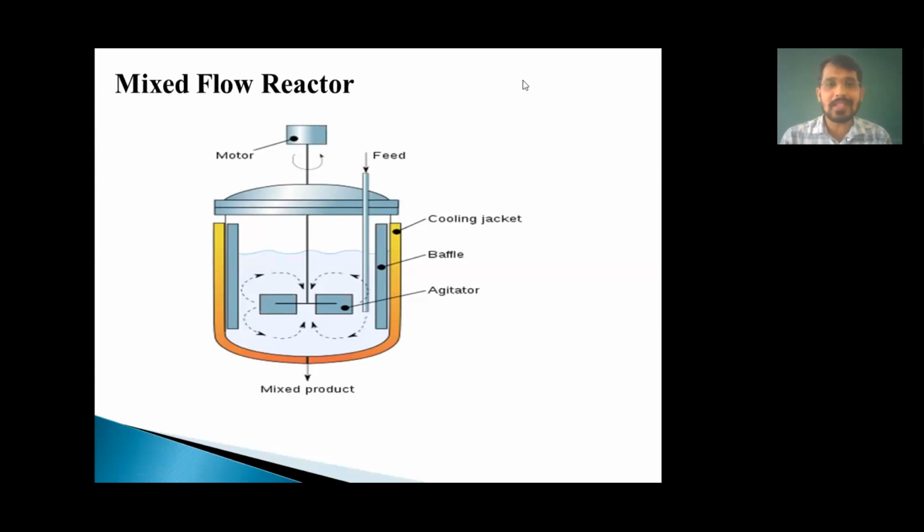We have seen all these things in batch reactor as well. But what is the difference between batch reactor and mixed flow reactor? Mixed flow reactor is a continuous reactor, meaning we feed reactants in a continuous manner and we get product in a continuous manner. This is the difference between mixed flow reactor and batch reactor. Construction is almost the same, but there is a difference in principle.